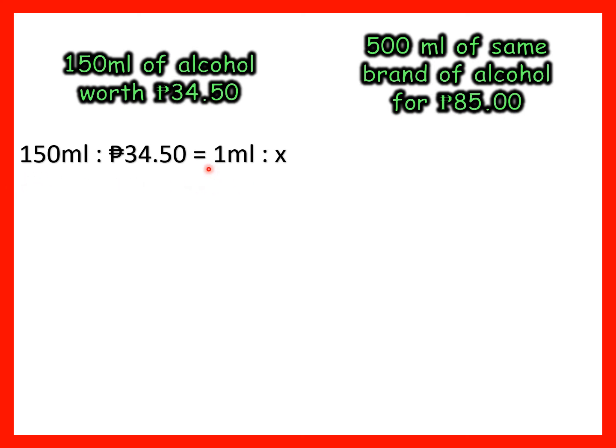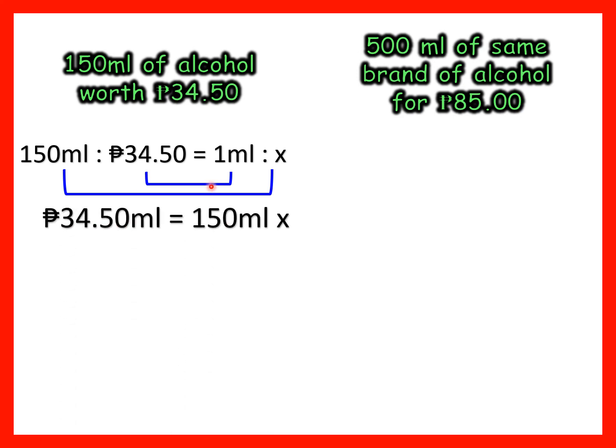To do that, we will multiply the means, 34 pesos and 50 centavos multiplied by 1 ml, so that's 34 pesos and 50 centavos, and then affix the unit ml, equals the product of the extremes, 150 ml multiplied by x, which is 150 ml x.